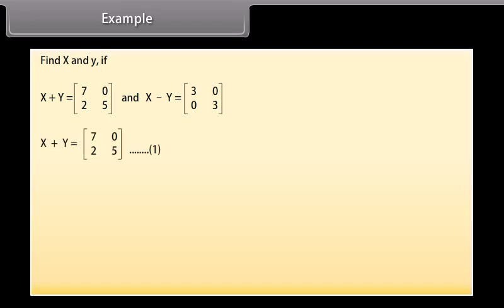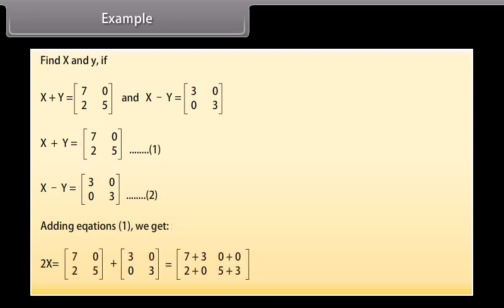Given X plus Y and X minus Y, mark them as 1 and 2. Now add equations 1 and 2, we get 2X is equal to the matrix, row-wise: first row 10, 0; second row 2, 8. Therefore, X is equal to the matrix, row-wise: first row 5, 0; second row 1, 4.